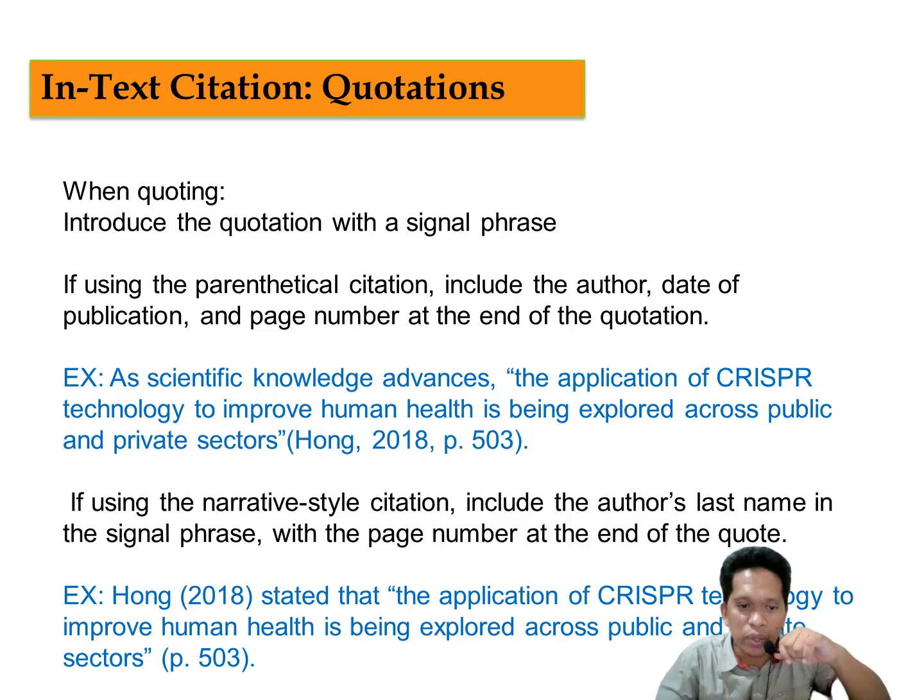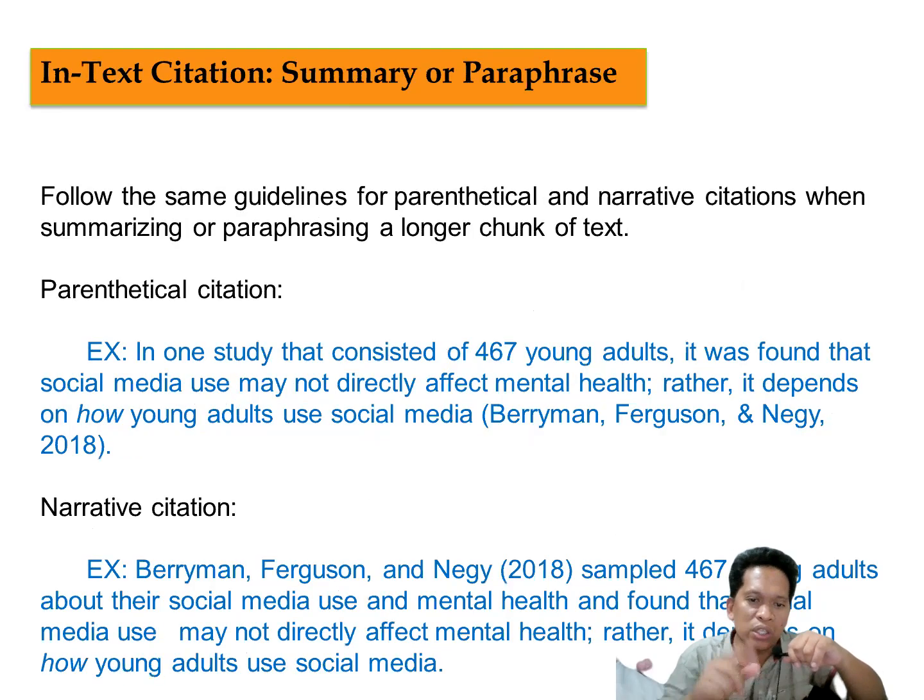Now, if using the narrative style citation, include the author's last name in a single phrase with the page number at the end of the quote. Okay, you see there. So after the quotation marks, that's the time you indicate the parenthesis and p period, the page number.